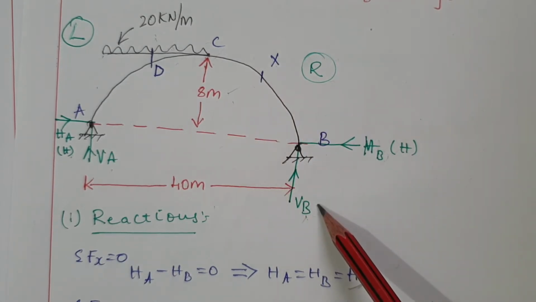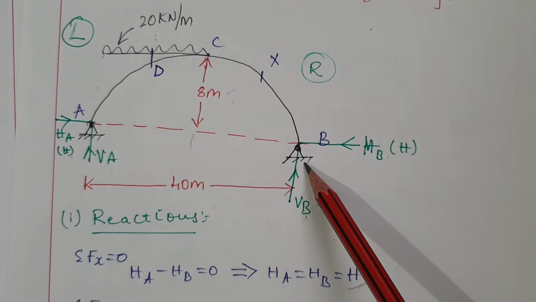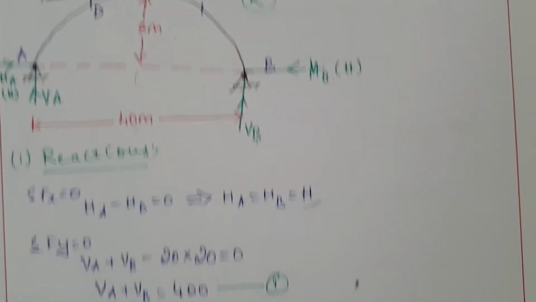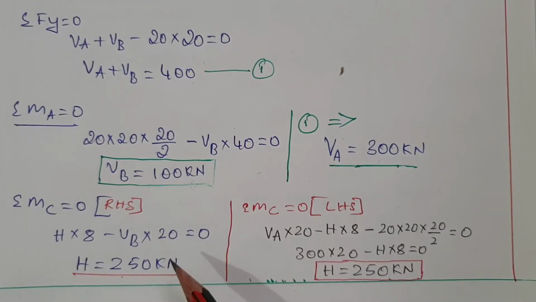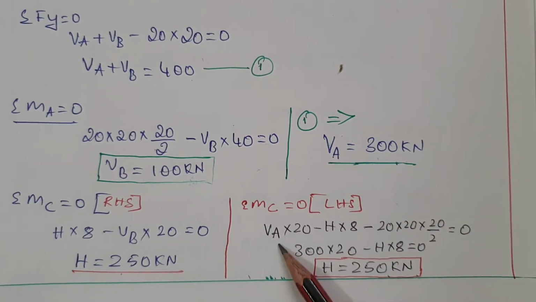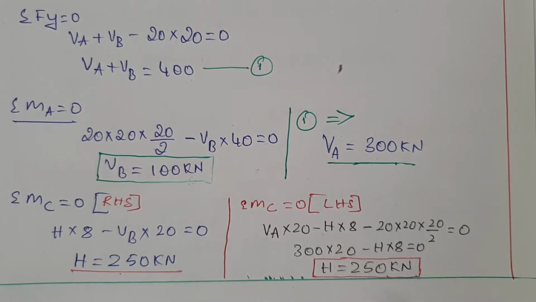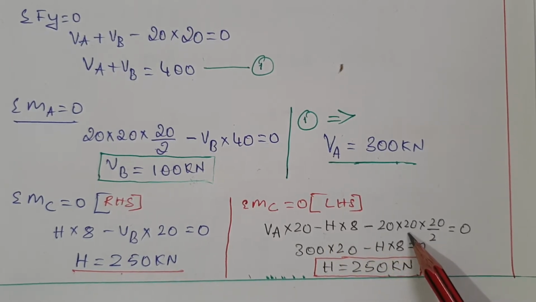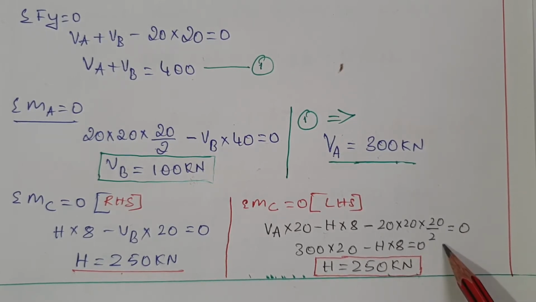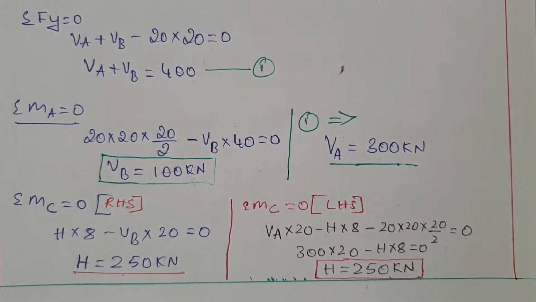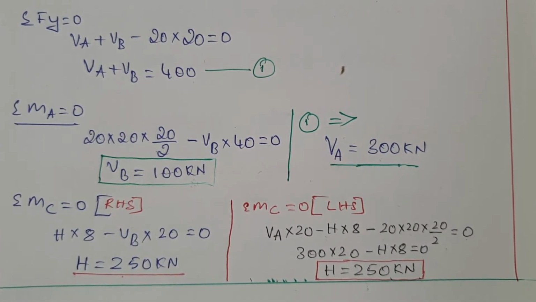VB tends to rotate anti-clockwise with a perpendicular distance of 20, with respect to C. On the left hand side, VA into 20 minus H into 8, minus 20 into 20 into 20 by 2, the perpendicular distance, equals 0. Then you get the H value as 250 kilonewton.